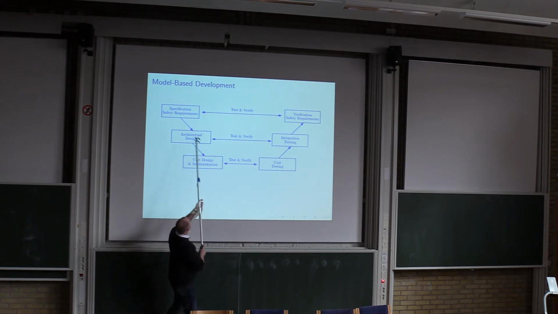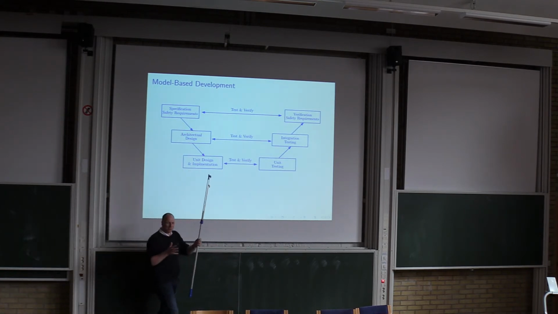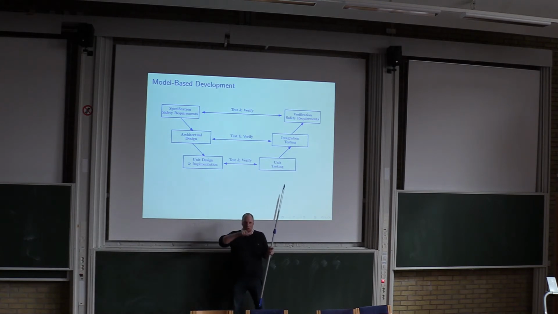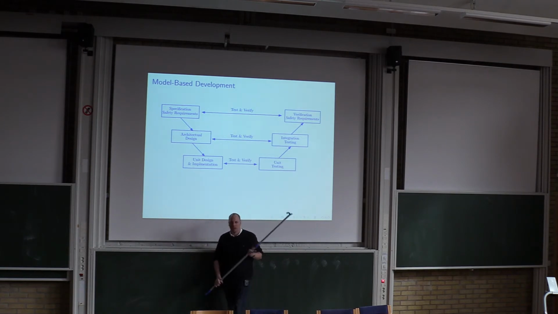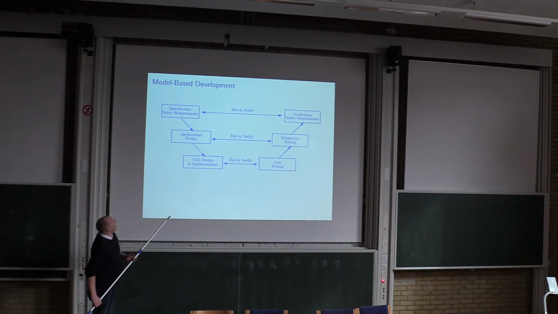And typically you have the specifications on the closed loop system. So the machine interacting with the environment. So you need to consider how they interact with each other to decide if the specifications are fulfilled or not.